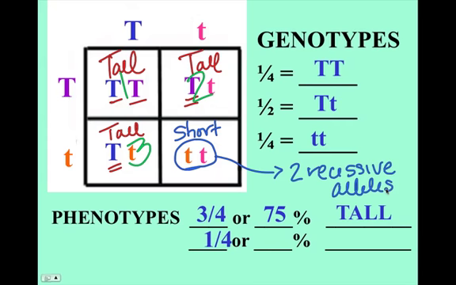So 1/4 or 25% are going to be short. And now it's time to practice and work on the monohybrid problems.